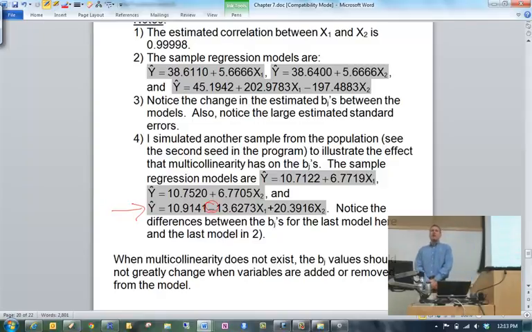Now, my model says that x1 has a negative relationship with y. Before, I had a positive relationship, and we do know that indeed it is truly positive. This demonstrates the sample-to-sample variability, the effects that this can have when you have this high correlation.